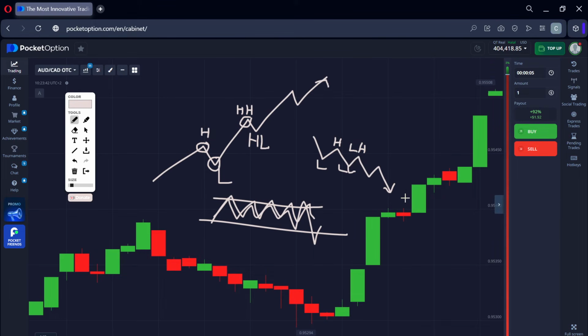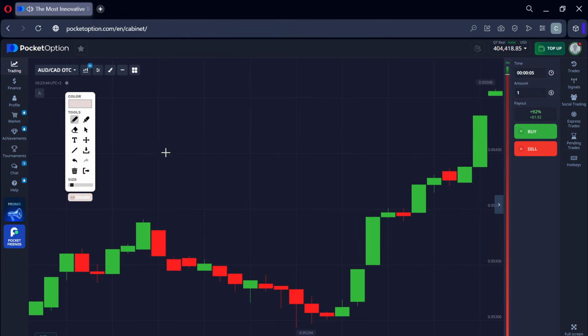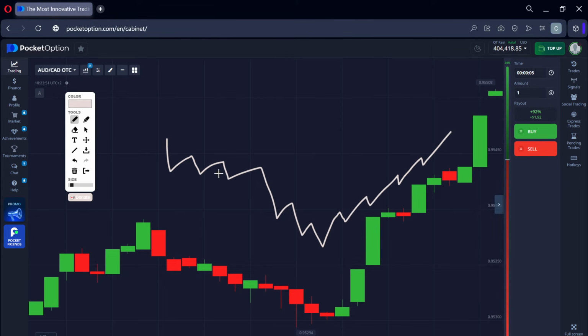Now you can also differentiate the changes in trends, right? So if it does something like this and goes downwards and then switches into this, you can actually now predict the different moves. Because in a downtrend, it's going into a low and then a high, lower low, lower high, lower low, lower high, lower low.